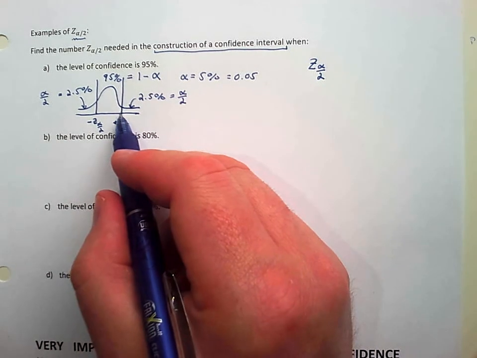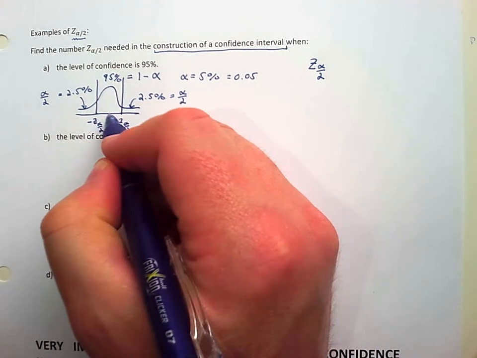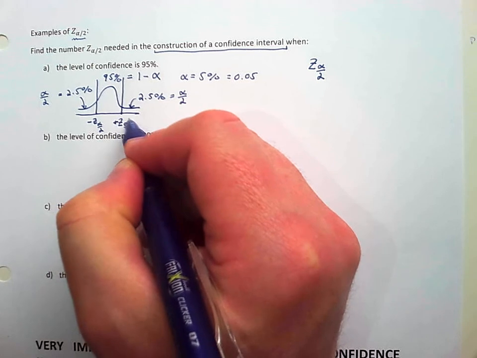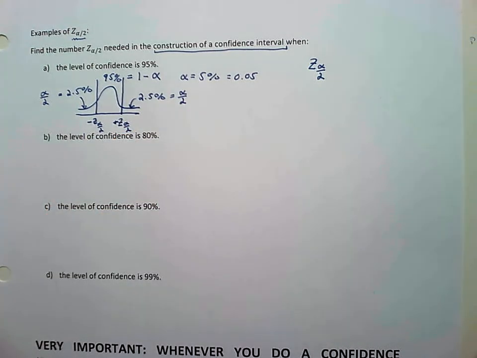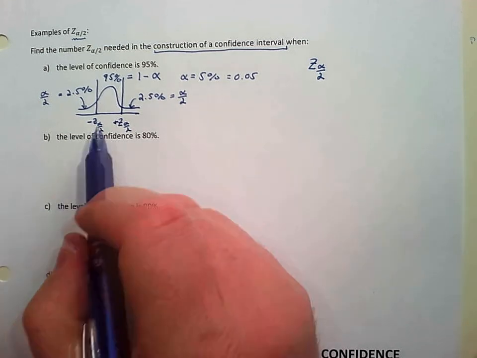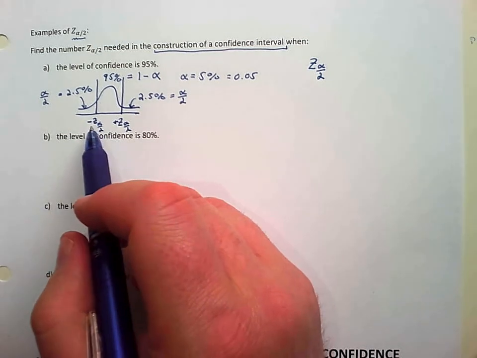So what I'm going to say then is, keep in mind that this right here is going to be a positive z value, and this one here is going to be a negative z value. But later on when we're dealing with the formulas, and I ask you for the z value, I'm going to be looking for the positive z value. All right, so let's do it. We're still trying to figure out what these z values are.